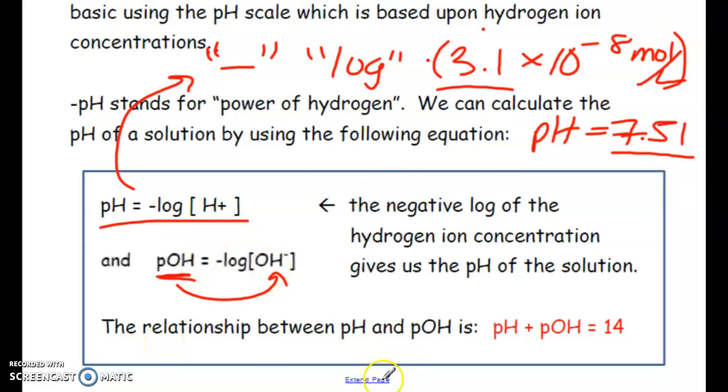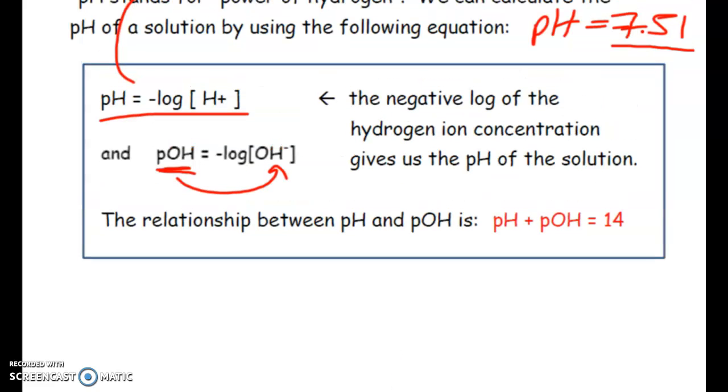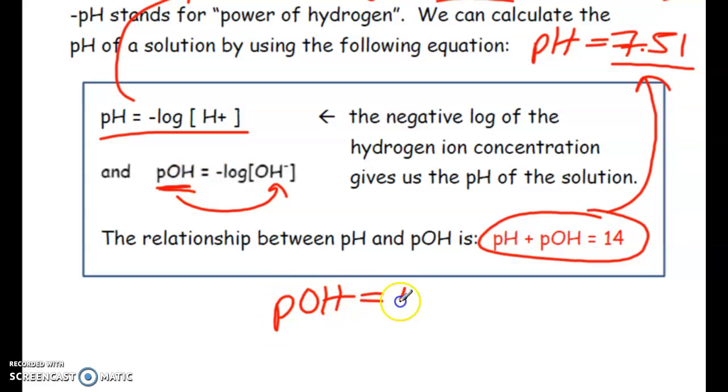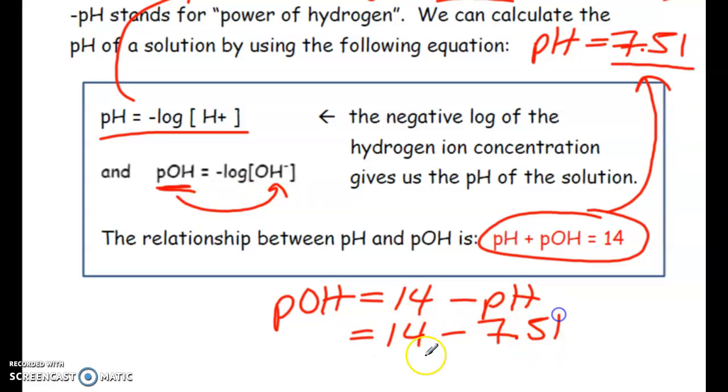Now you do have a relationship between the two values. So once you know the pH or the pOH, you can always solve for the other thing. So for example, let's say I wanted to solve for the pOH up here. Well, pOH would be 14 minus the pH. So because I have pH, I can solve for that.